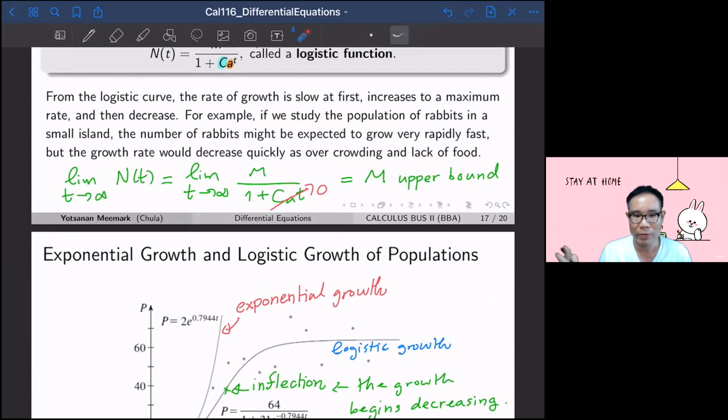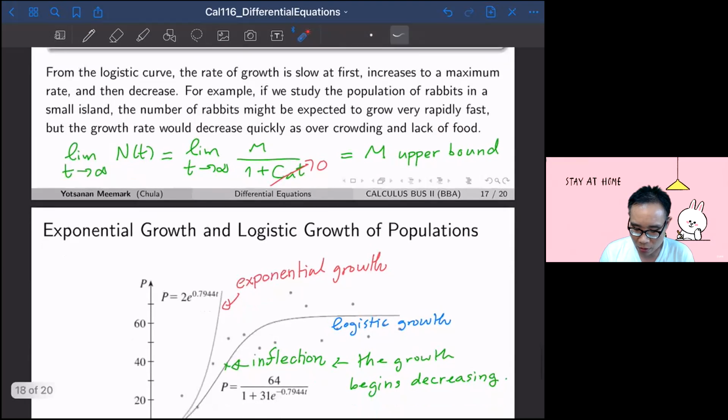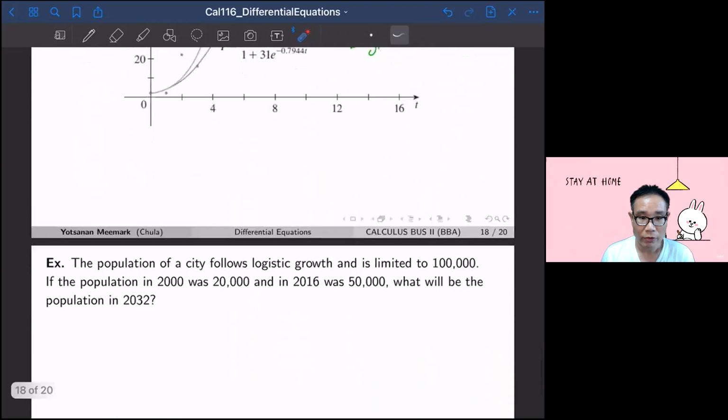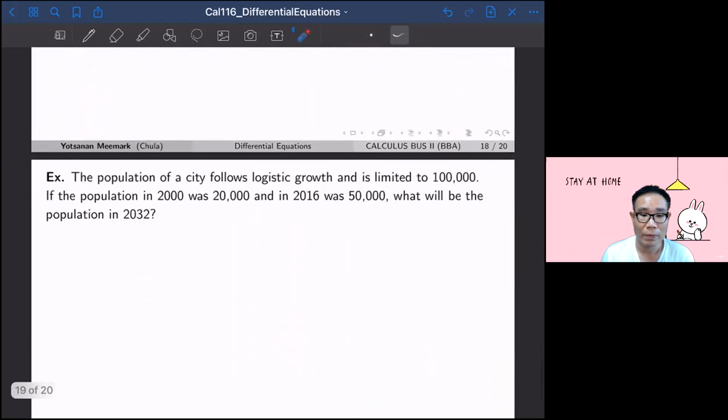So you're not going to have the growth continue forever. Like the population in the world also, if you have a lack of resources, it's going to be kind of difficult to have exponential growth all the time.